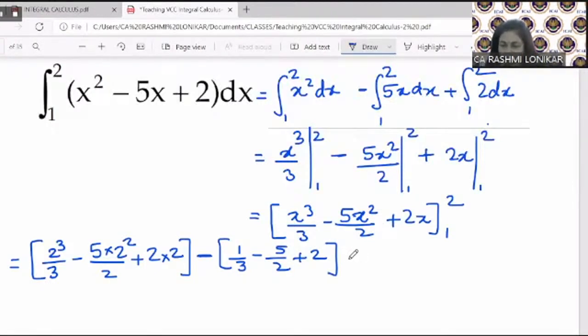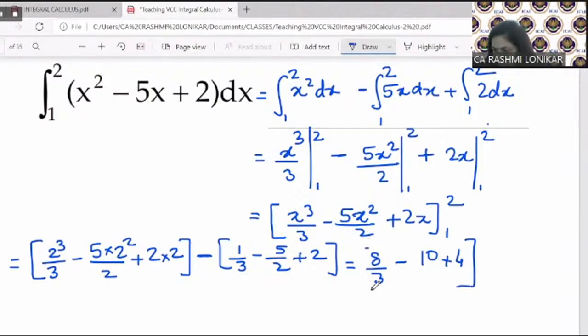So I get this answer. This is 8 upon 3 minus 20, okay, because this is 5 into 4 is 20 upon 2, that is 10, plus 4. Okay.